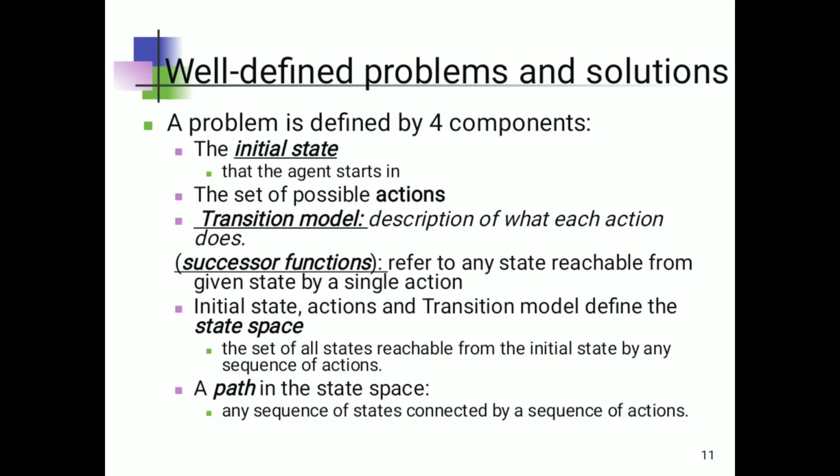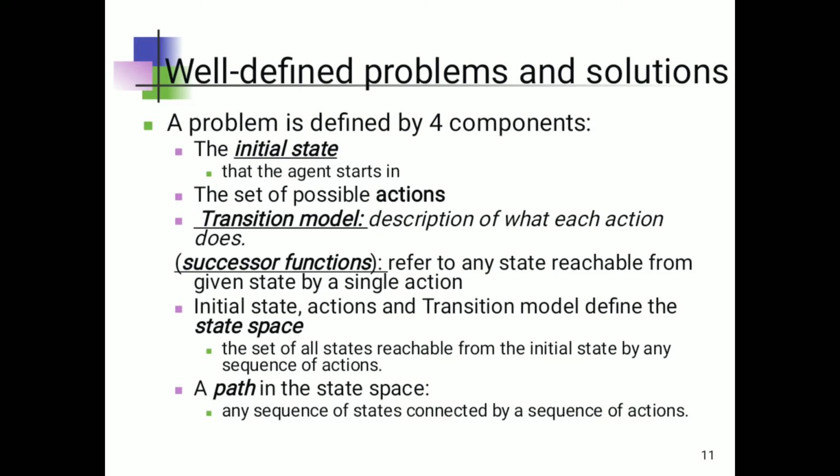So suppose I am present at state A, then it refers to the states that will be reachable from the given state in a single action. So from state A, suppose in a single step I'll reach state B, I'll reach state C. So B and C will become the successor function for the state A, like this. So initial state, actions and transition model define the state space.